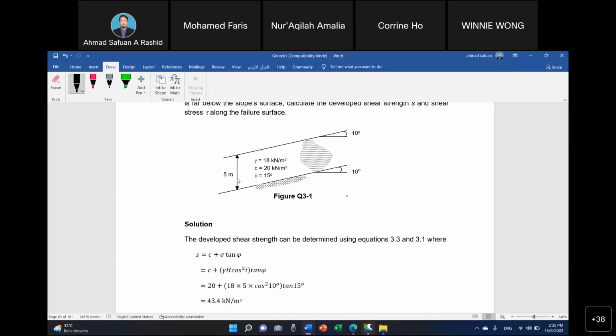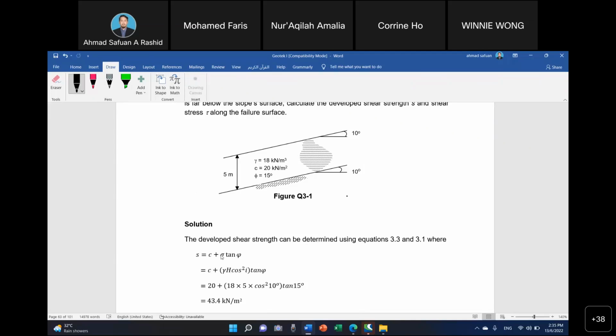The developed shear strength can be determined using equations 3.1 to 3.3, where S is equal to C plus sigma tangent phi.